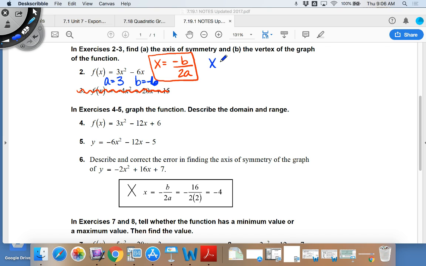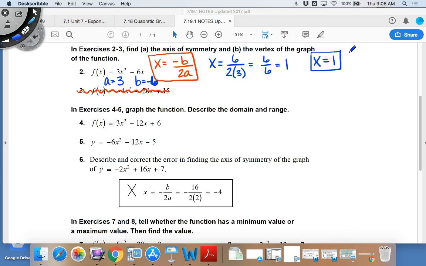We would write x equals negative b, but instead of negative 6, we're going to write positive 6 over 2 times a, and a in this case is 3. If we simplify this, it would be 6 over 6, which is 1. So our axis of symmetry is the line x equals 1.